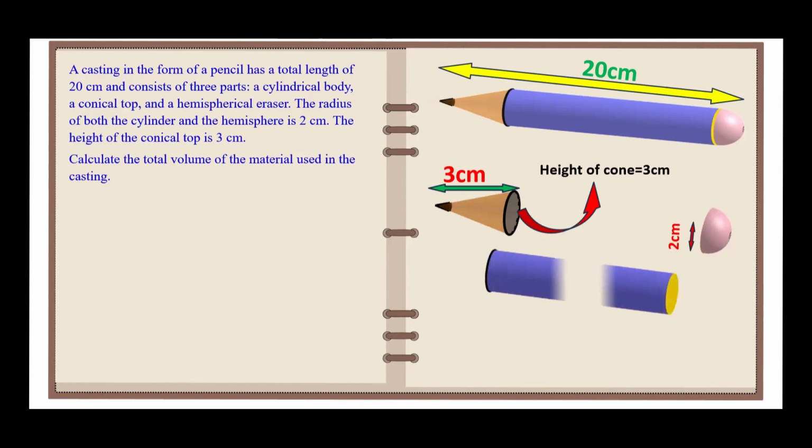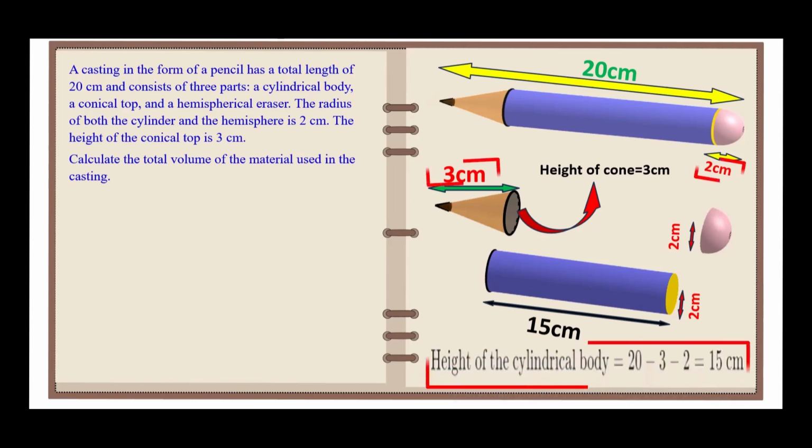And we have the cylindrical body. And this cylindrical body here is 15 centimeters. How did we get this 15 centimeters when we are told that the entire length of the object is 20 centimeters? So we are going to find out how we were able to come about these 15 centimeters.